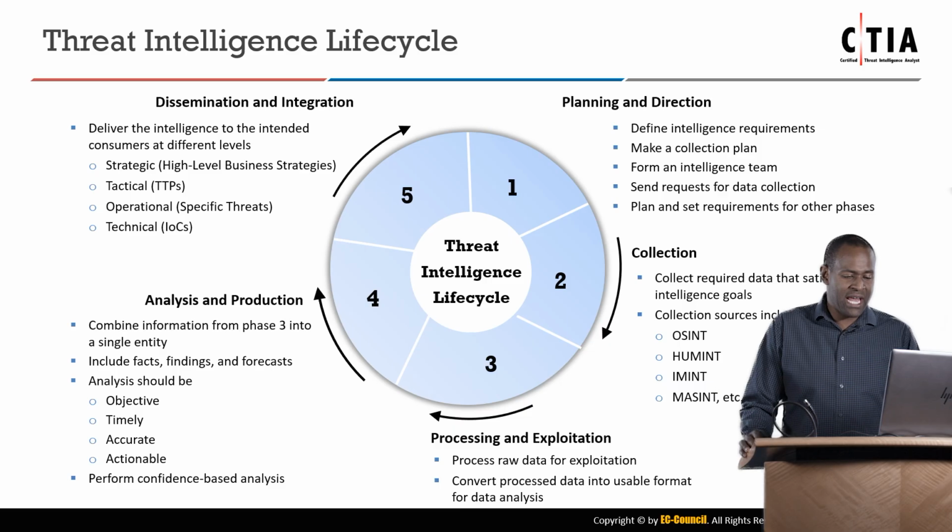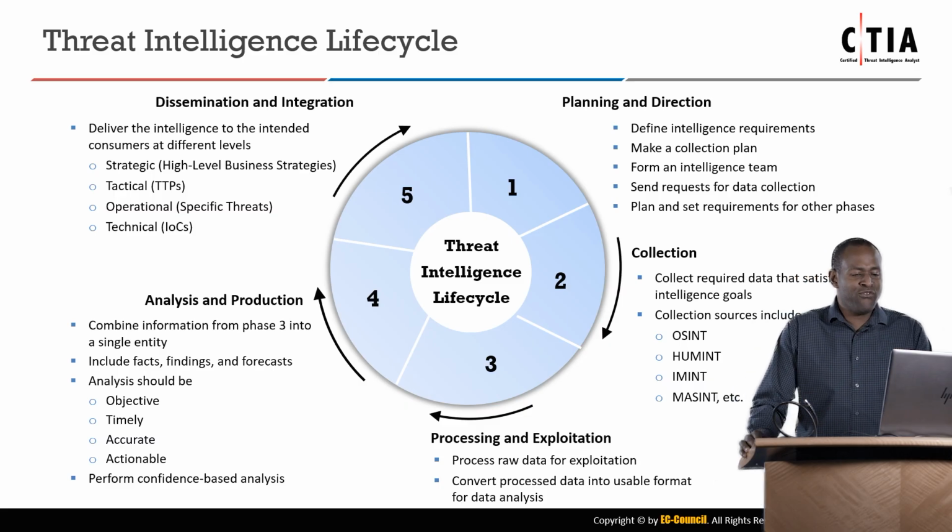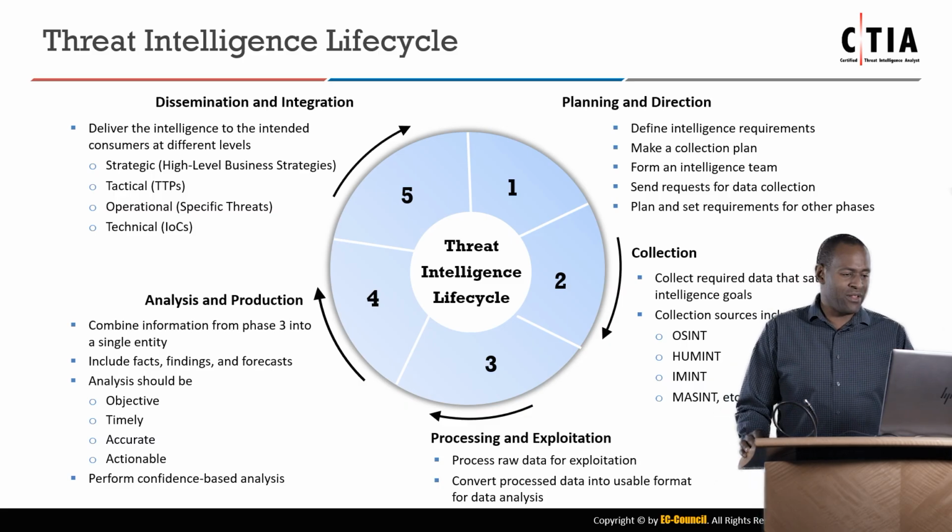Next is processing and exploitation. We process the raw data for exploitation. We convert that data into a usable format so that we can analyze it. So that's step number 3. Step number 4 in the threat intelligence life cycle. We want to make sure we have analysis and production as part of that life cycle.